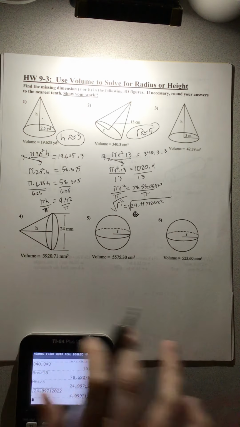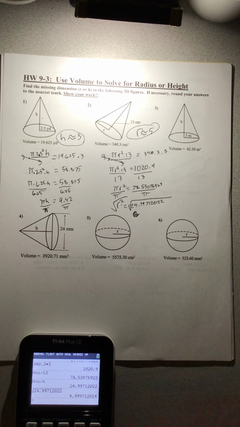So let's do it with a sphere, because that's what we're going to have to do. Actually, with a sphere, we have to take the cubed root, which I need to find on my calculator. It's somewhere on this calculator. I just haven't used it in a long time.